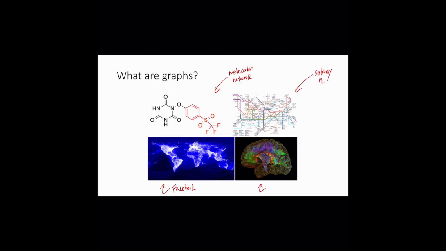And this is a visualization of a brain connectome. So as you can see, in all four of these cases, the data is represented by having some sort of node and connections between those nodes.